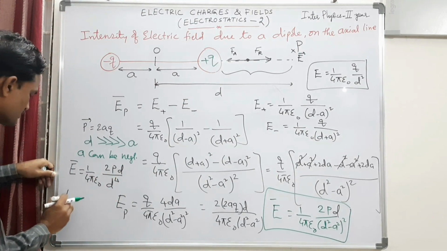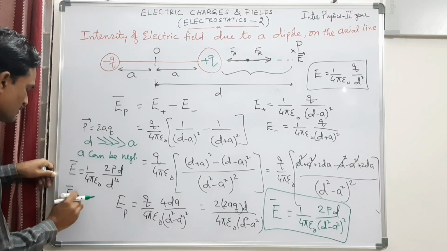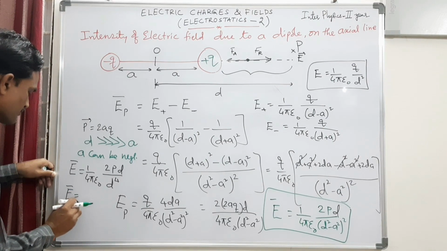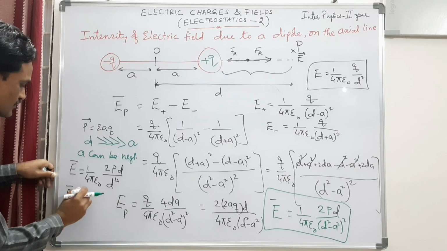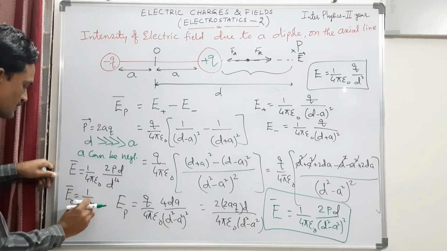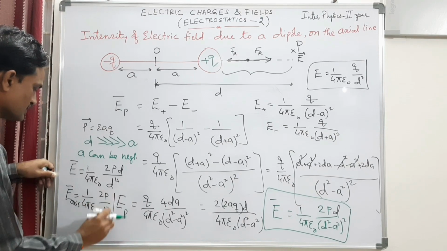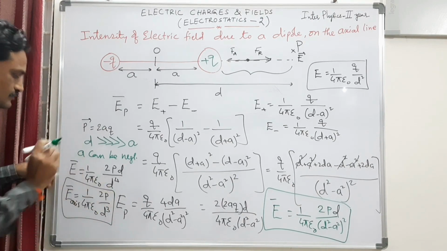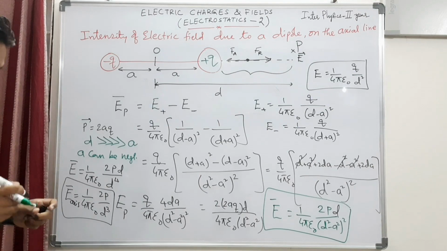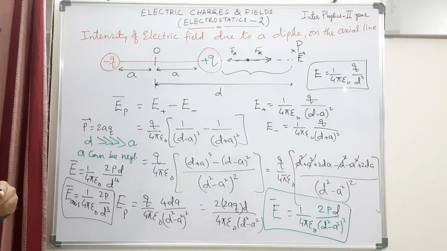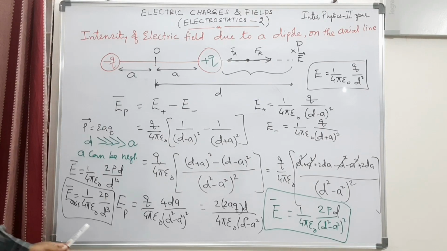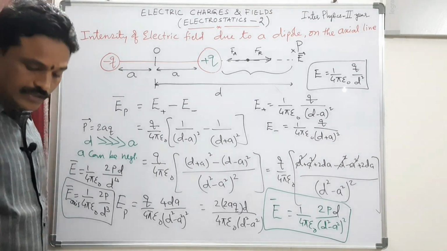So for a short electric dipole, the intensity of electric field on the axial line is 1 by 4 pi epsilon naught, 2p by d cube. This is the formula. So this is the expression for the intensity of electric field due to an electric dipole on the axial line.